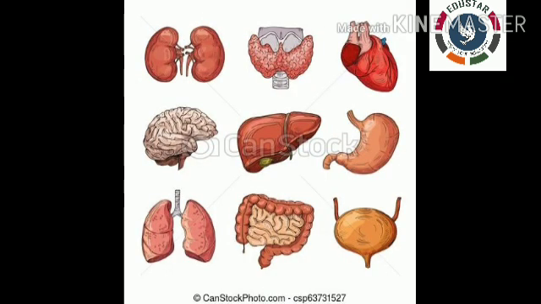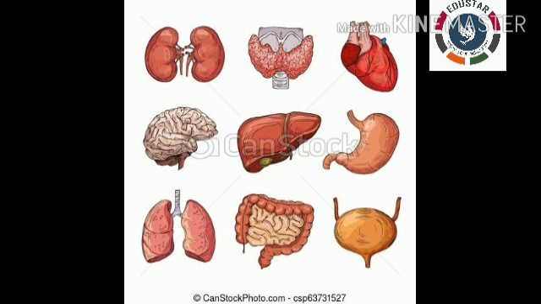So, these organs are very important because they do activities necessary for us to live. They are hard workers. If any one organ stops working, what will happen? The person will die. So, these organs work without rest.